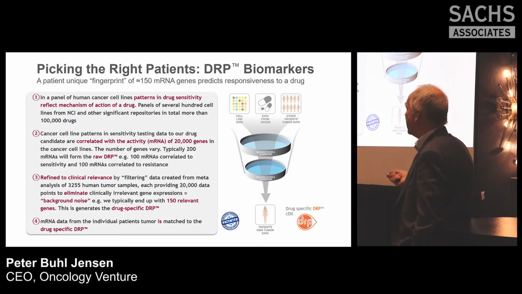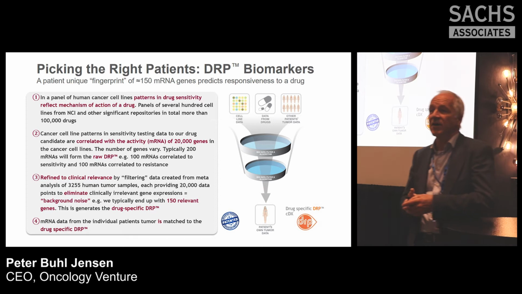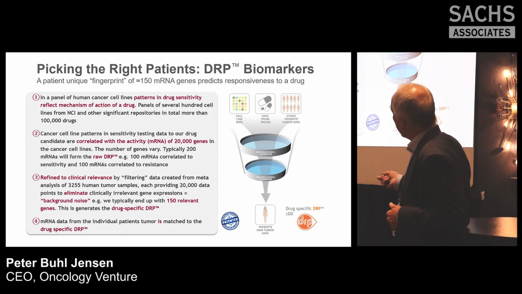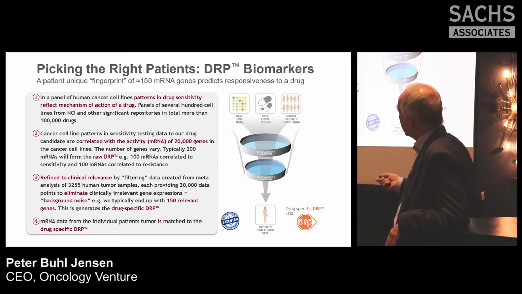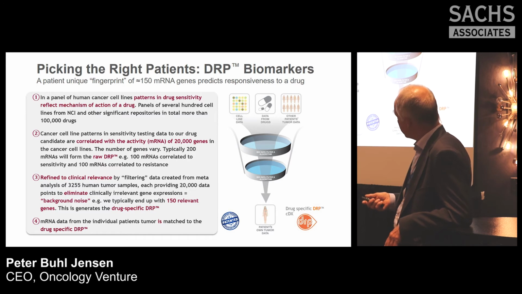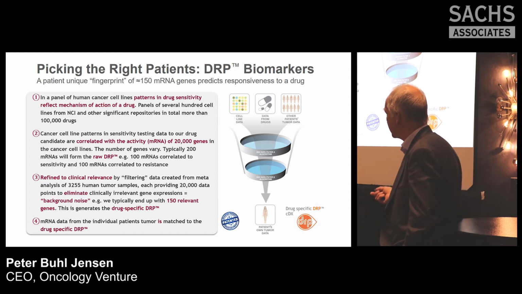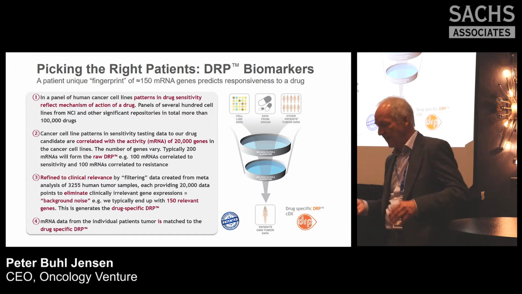And in order to make this clinically relevant, we have to filter through a clinically relevant path, and we have 3,200 patients where we ensure that the pattern in expression is making sense, so we can get rid of the background noise and only look at pathways that are clinically relevant.